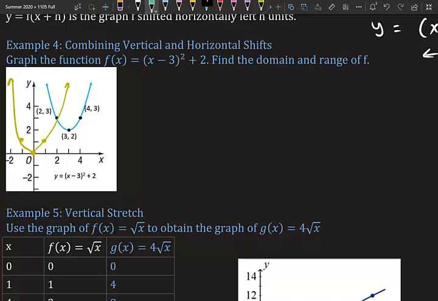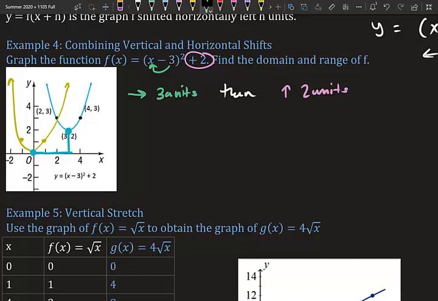Here we have a minus 3 with the x, so we're going to go right 3 units. Then, since this is on the outside, we're going to go up 2 units. So every point we go right 3, up 2.